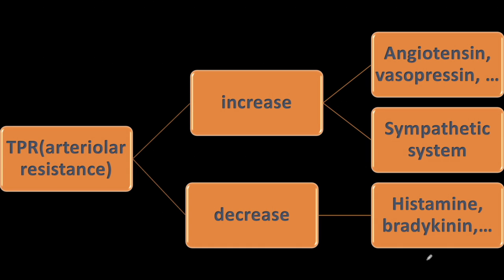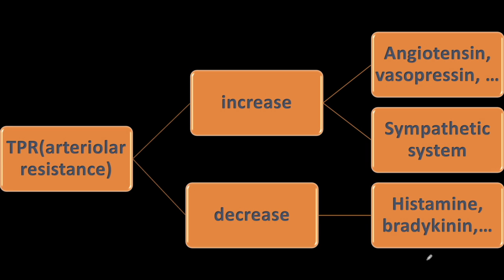What are some factors that increase our total peripheral resistance? Well, there are some physiologic factors like angiotensin and vasopressin, which are again so complex that they need another distinct tutorial for themselves.